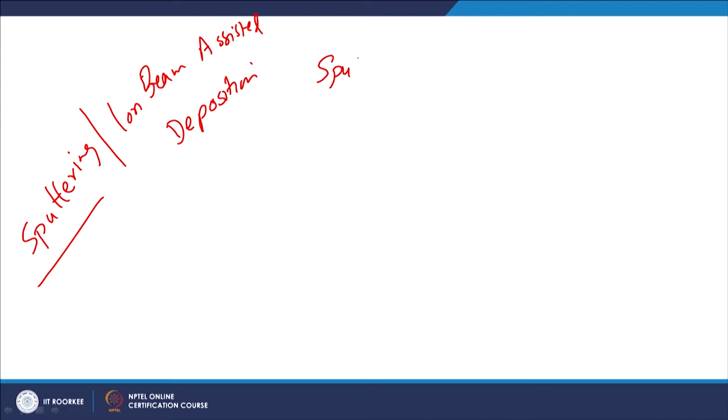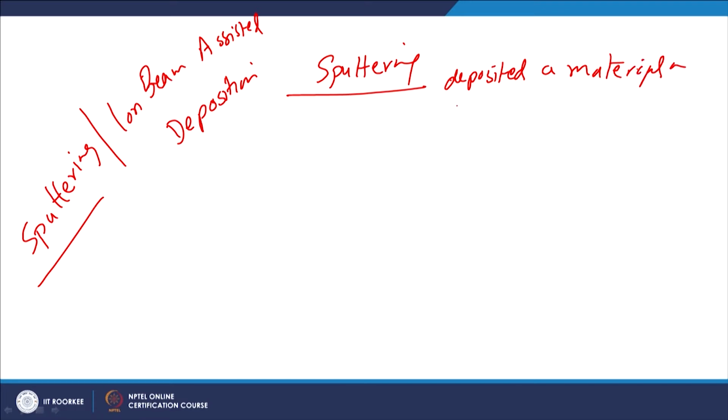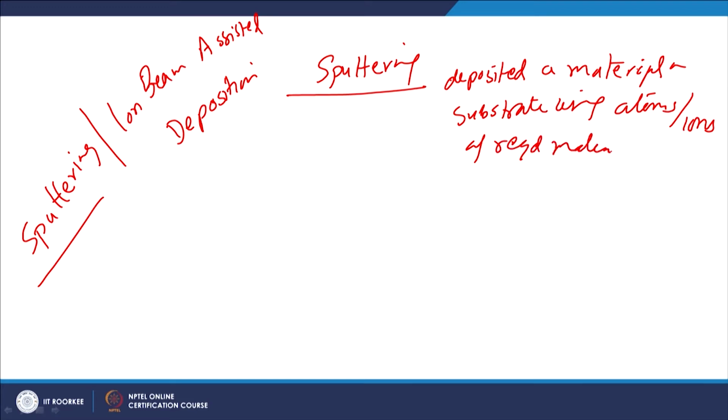So what is the process of sputtering? In the case of sputtering, this is basically depositing a material on the substrate using atoms and ions of the required material.